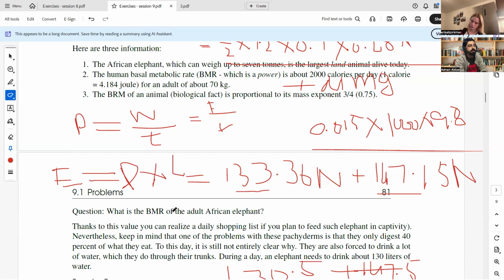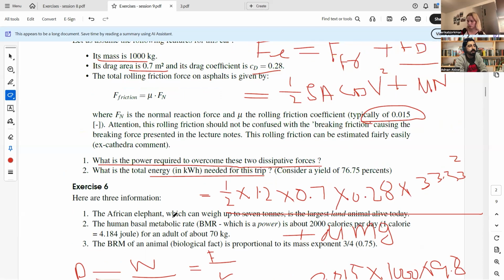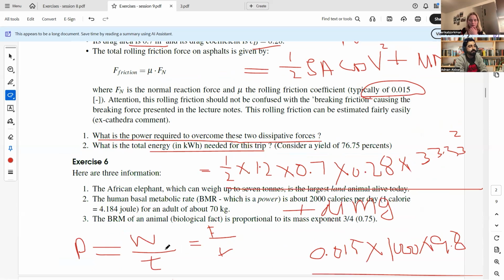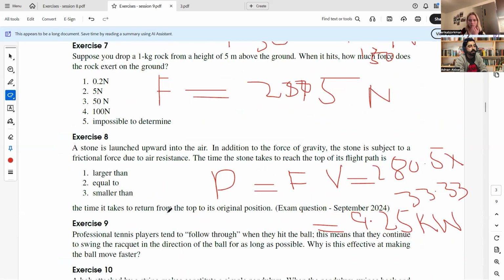You don't have the time, but you have the velocity and the covered distance, so you can convert that into a time. Let us make the formula.